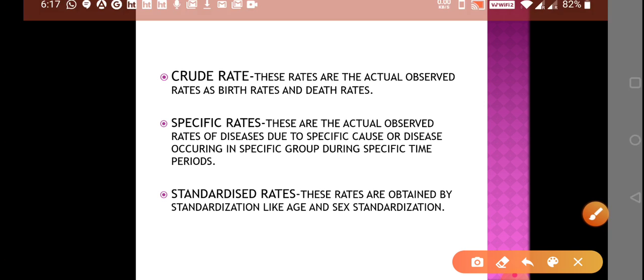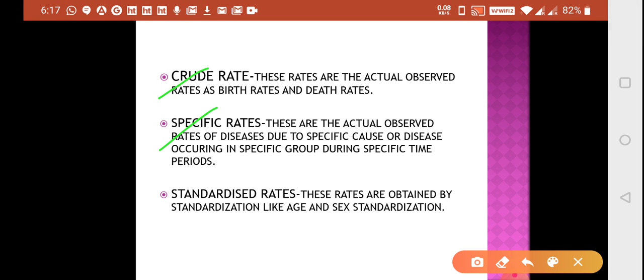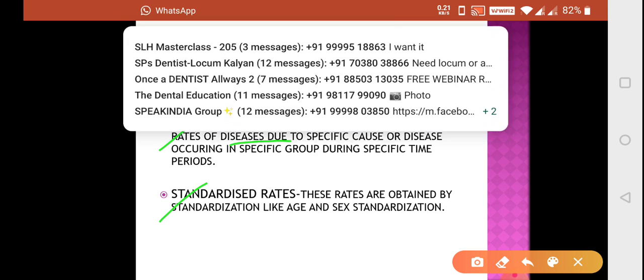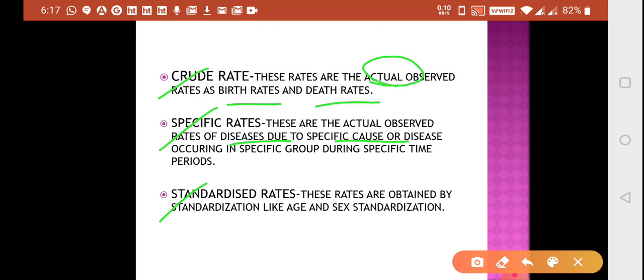So there are 3 types of rates, that is crude rate, specific rate and standardized rate. Crude rates are actual observed rates, means they are happening, like birth rate and death rate. Specific rates are actual observed rates of disease due to some specific disease or some specific cause or some specific group occurring in a specific time period.